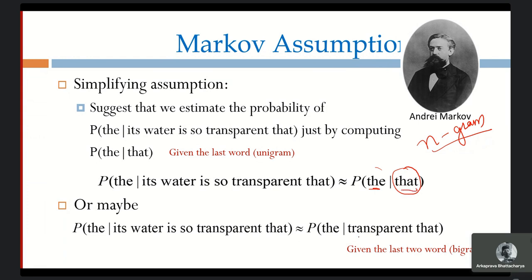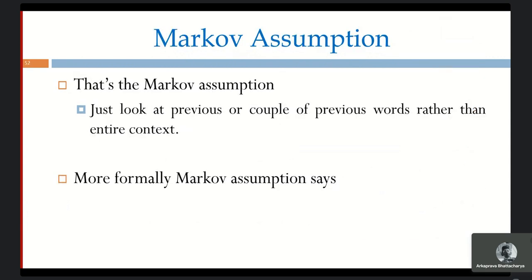Now if I look into two words, then you can see "the" given "transparent that". So there is no need for me to look at the whole sentence. I'm going to look into the previous one word, two words, three words, four words, five words, with respect to the value of n. So that's the Markov assumption. Just look at the previous couple of words rather than the entire context.